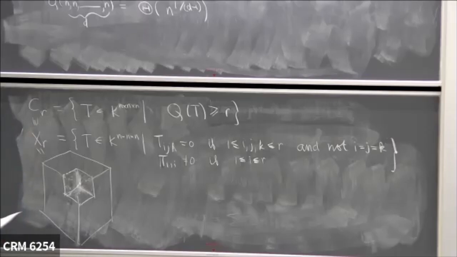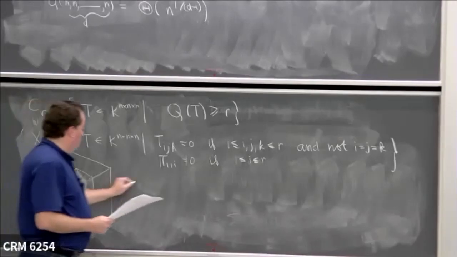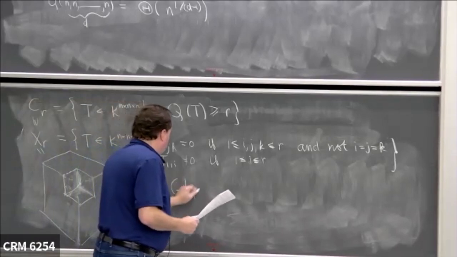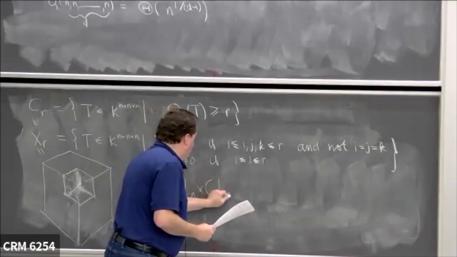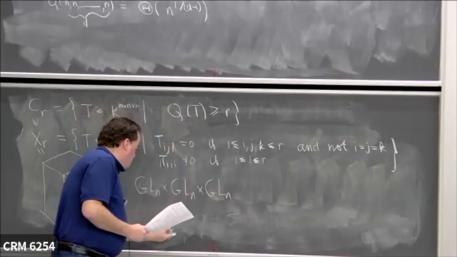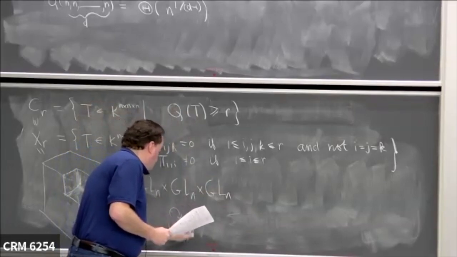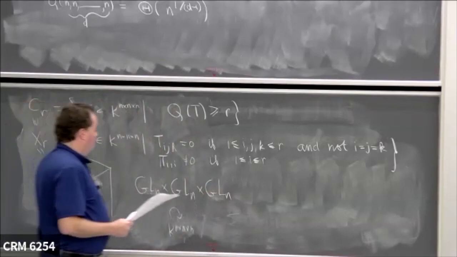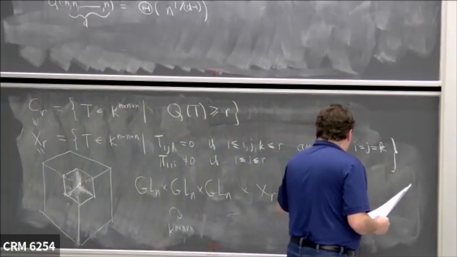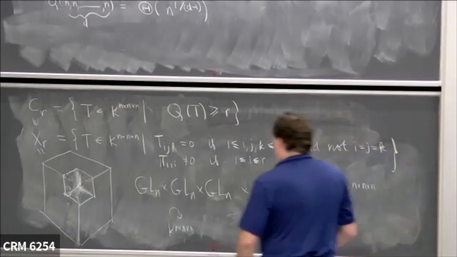Sorry, subrank. Okay. So in particular, if I take GL_n plus GL_n plus GL_n, this acts on n by n by n tensors. So we have a map here, right?